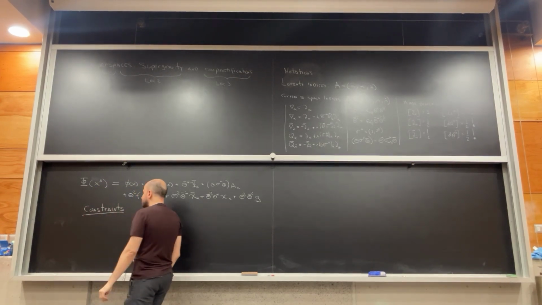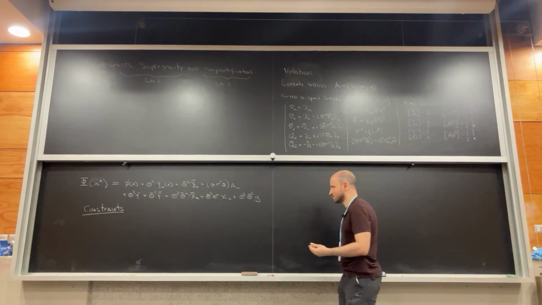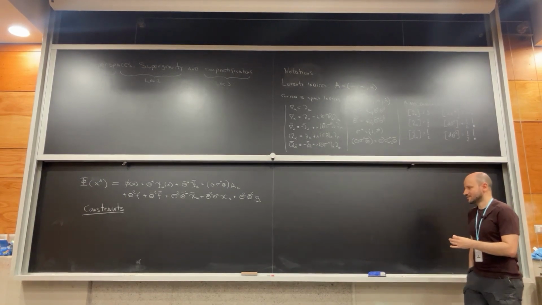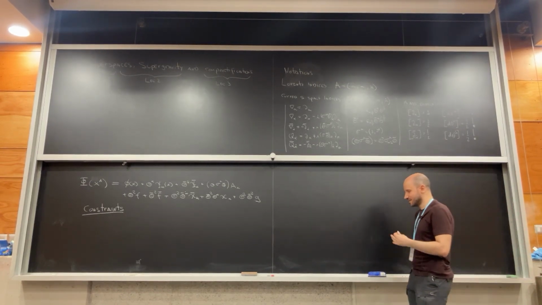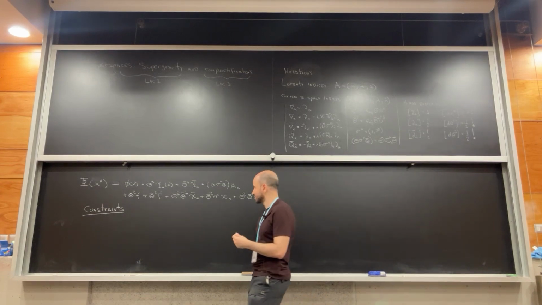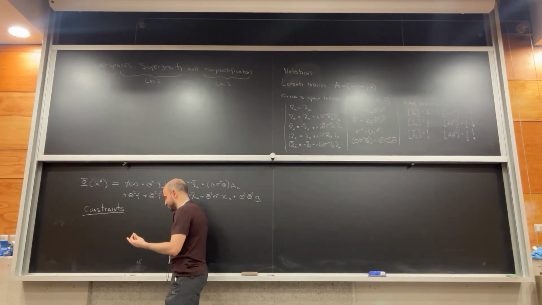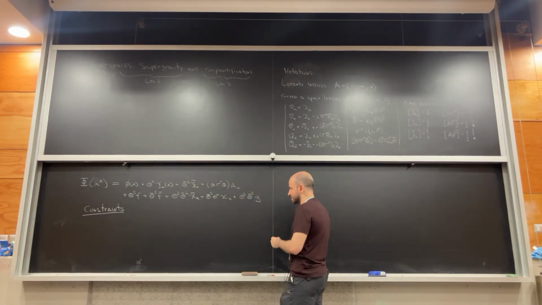So for each supersymmetric theory, there is a corresponding superfield, and this corresponding superfield has to satisfy a set of constraints. It can be just a simple constraint or something a little bit more complicated.